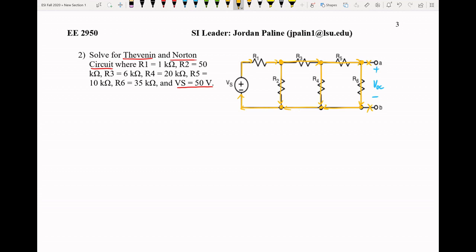Okay, so now let's go ahead and redo our entire process for solving for these. Step one, do we see any dependent sources? No, so we are good to go. Step two, we're going to zero out our sources.